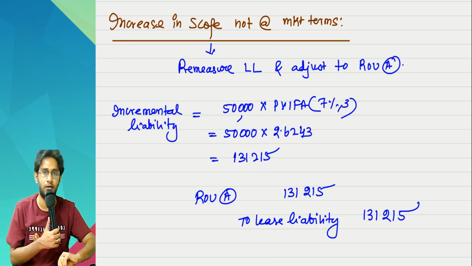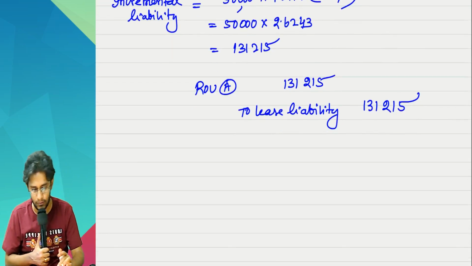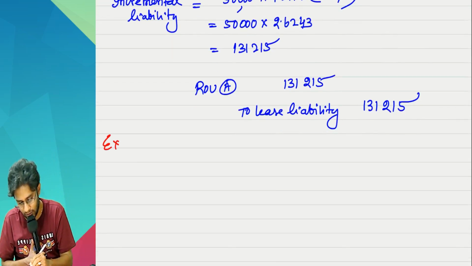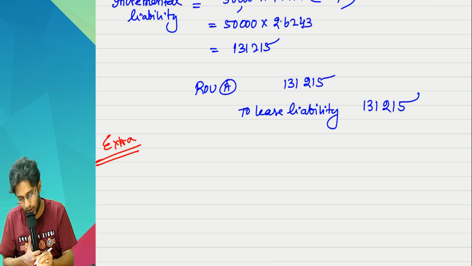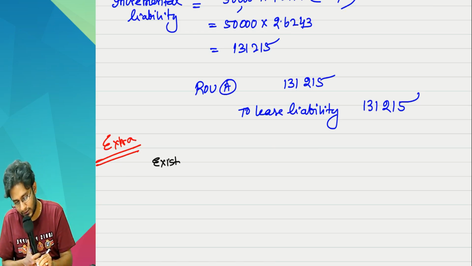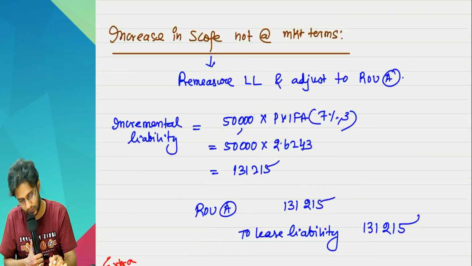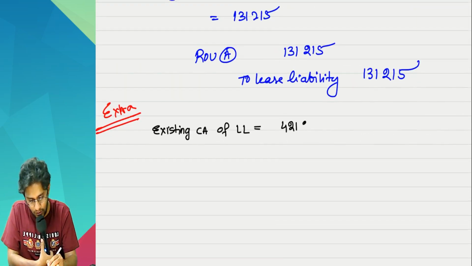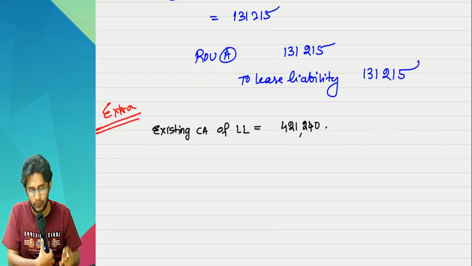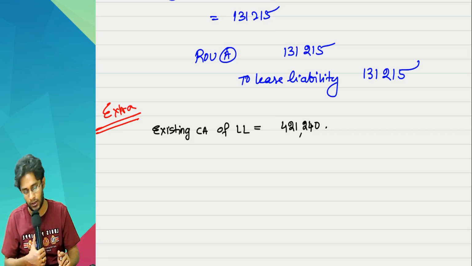Sir, the sum as such is completed. I just want the extra from you, sir. Just understand this, you'll have more control on the question. What is the existing carrying amount of liability on the date of modification? Originally 4,21,240.